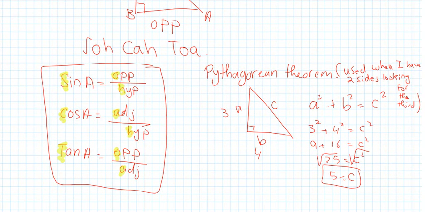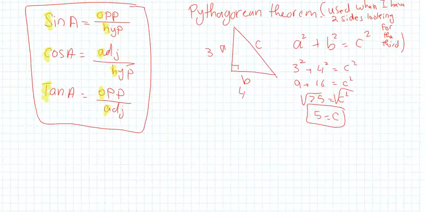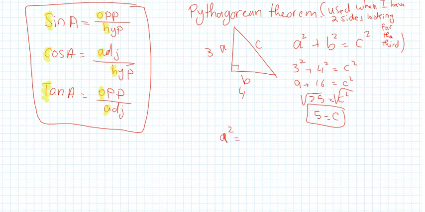Now the question is, what if I have B and C and I'm looking for A? Can I still use this formula? Yes, but what do I have to do to it? Move B squared back over, so it becomes A squared equals C squared minus B squared. That's right, I have to isolate for A. So if I know C and B and I'm looking for A, I have to move the B squared over to the other side, and that would be C squared minus B squared.